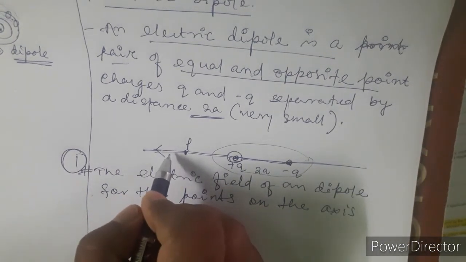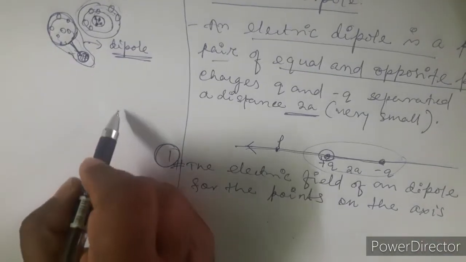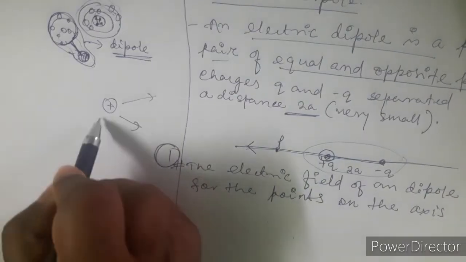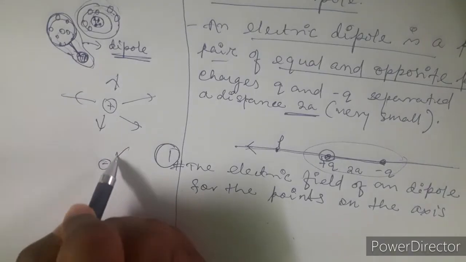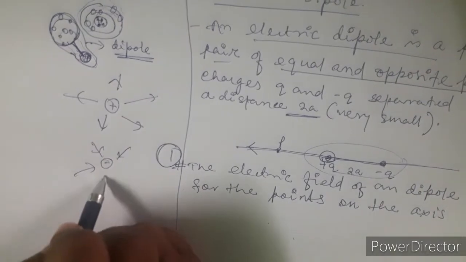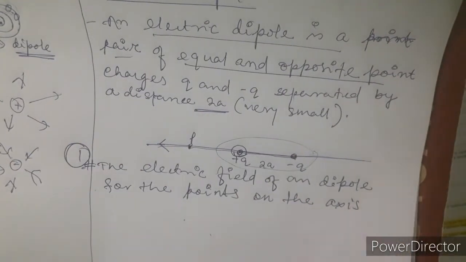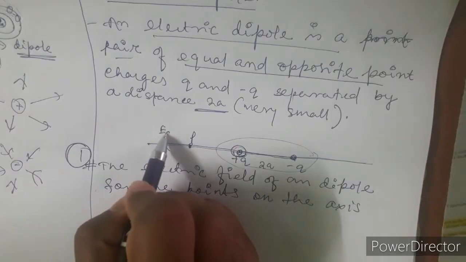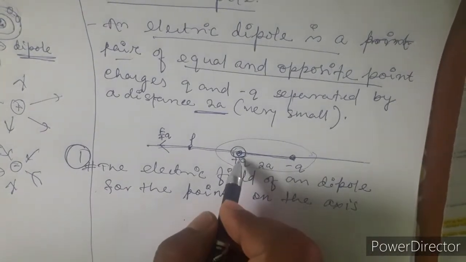The electric field due to a plus charge is outward in nature, as we discussed in field lines, and due to a negative charge the field lines are inward. So the electric field due to this plus q charge will be away from the plus q charge.